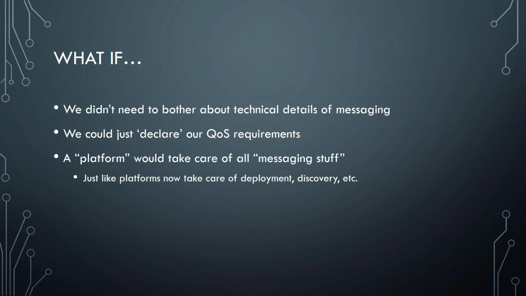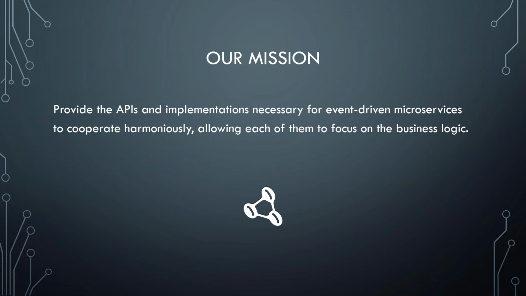But what if we could do the same with the messaging that we have, and just say, I've got a question and I need an answer to this question right now, and that a platform will take care of getting that answer for you. And that's exactly the mission that we have set ourselves for the future of AXON.